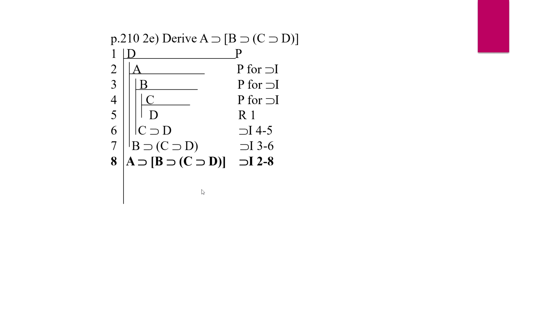We start at the first antecedent with our assumptions and work our way in. And then once we get that most inside consequent, in this case D, we start discharging those assumptions one at a time until we get back to that conclusion we were trying to get.